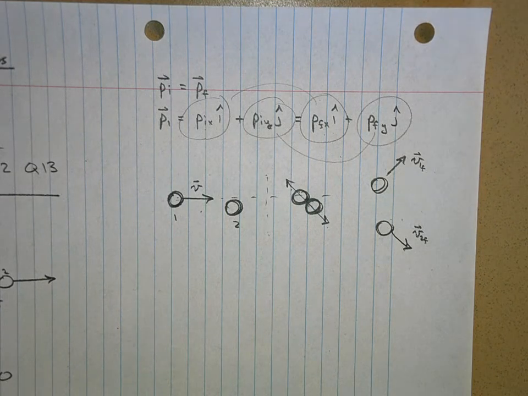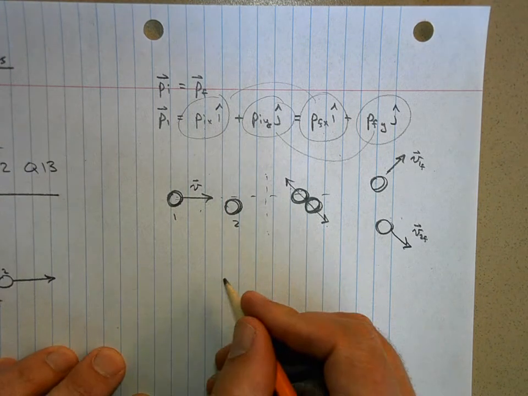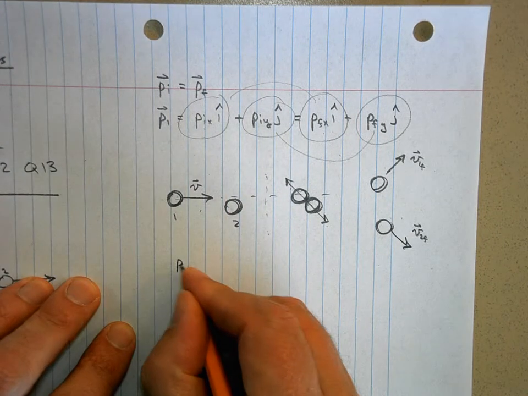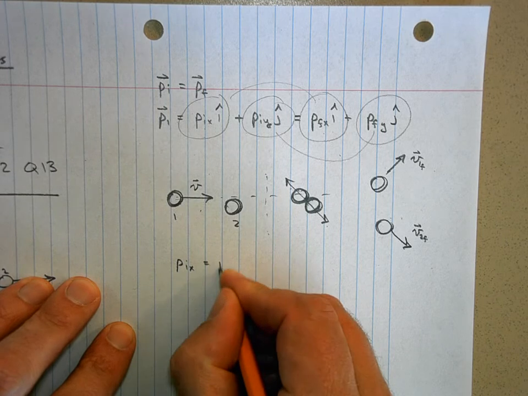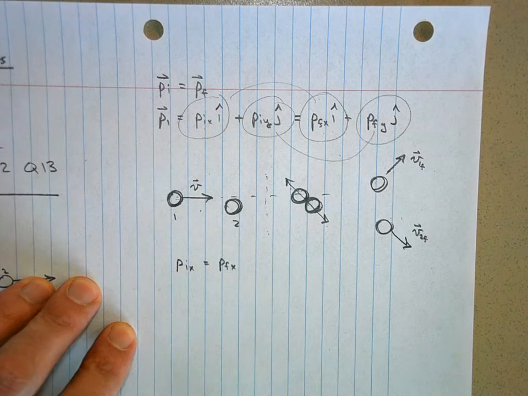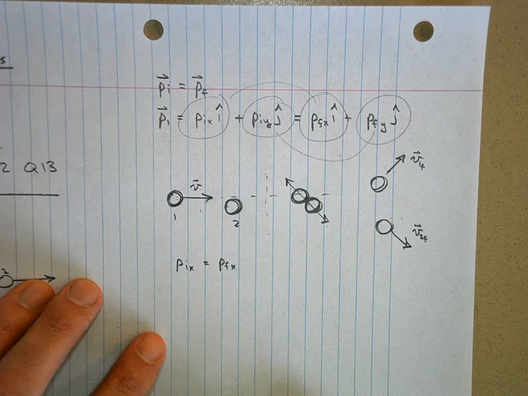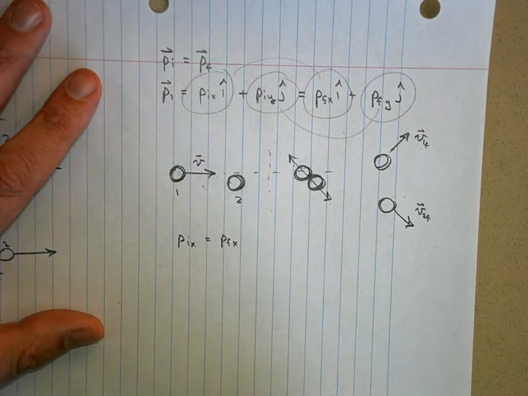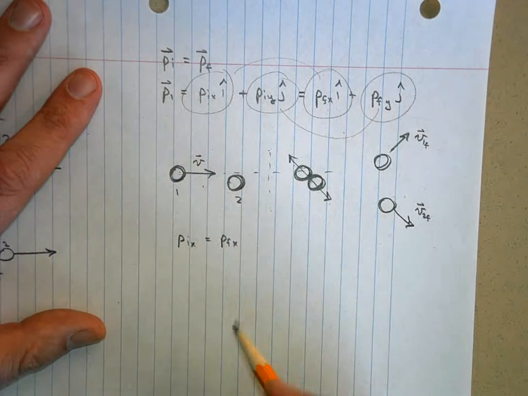But these are vectors. They have directions associated with them. Well, if I'm given a problem like this, I can set up the equations this way. I can say, well, first of all, in the x direction, P initial in the x equals P final in the x. And this lets me say, okay, well, what is the initial momentum in here?